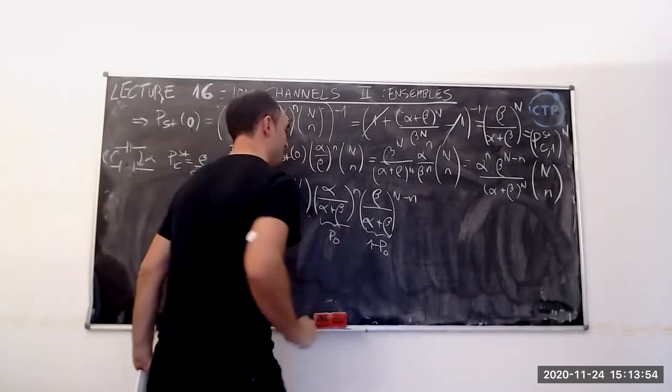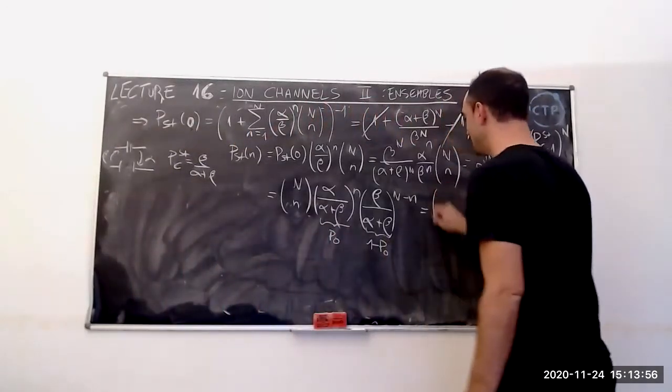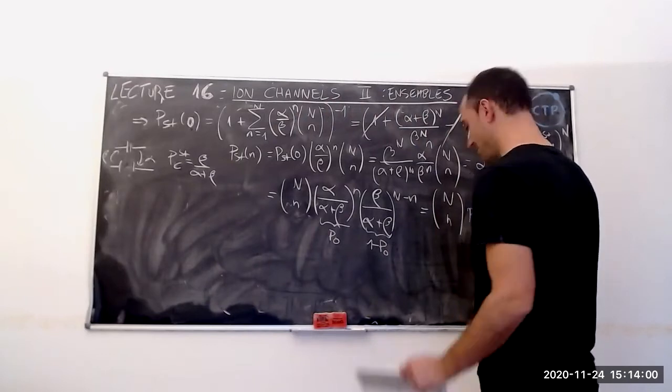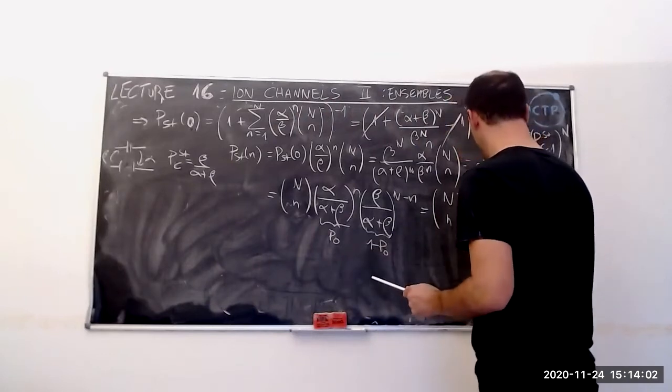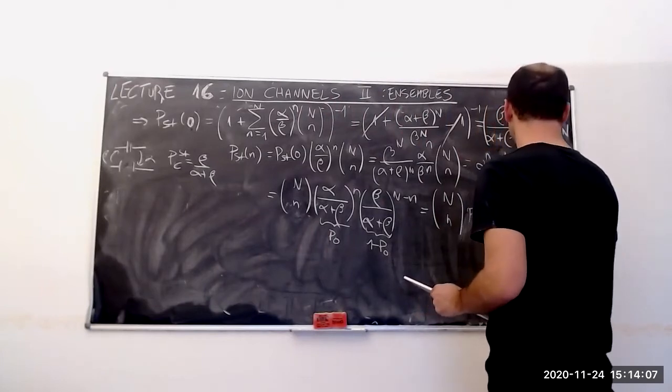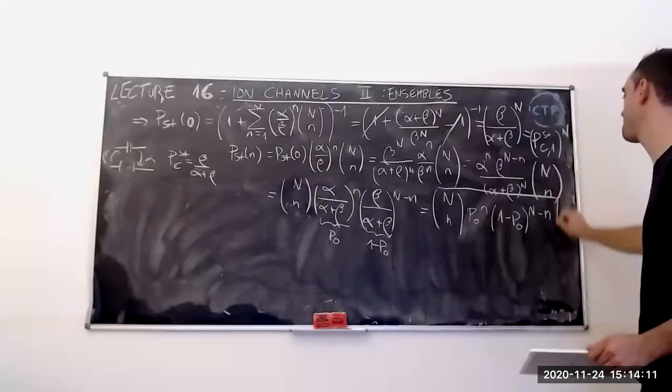So this becomes, interestingly, N over n, p0 to the power n, 1 minus p0 to the power N minus n. What distribution is this? Binomial. The binomial distribution, exactly. Very nice.